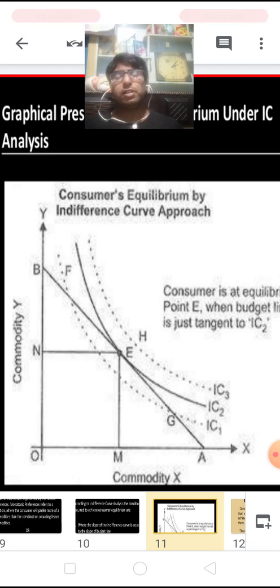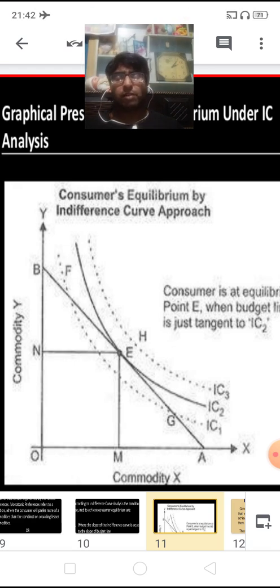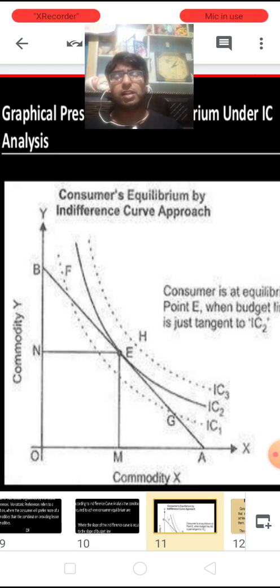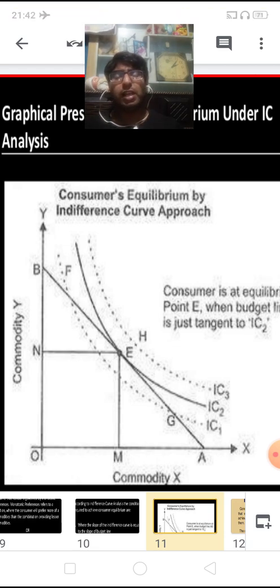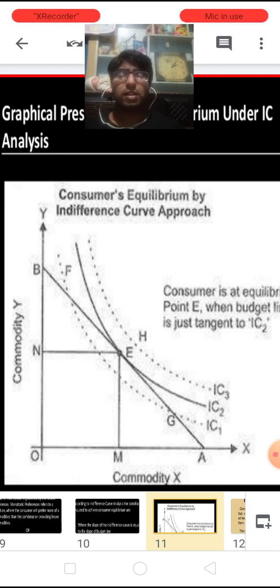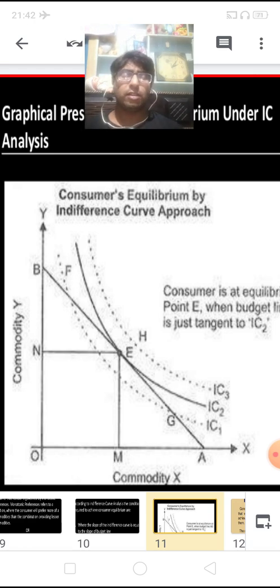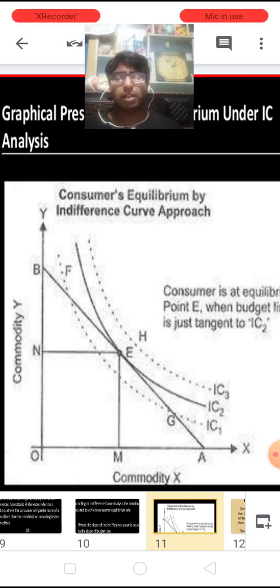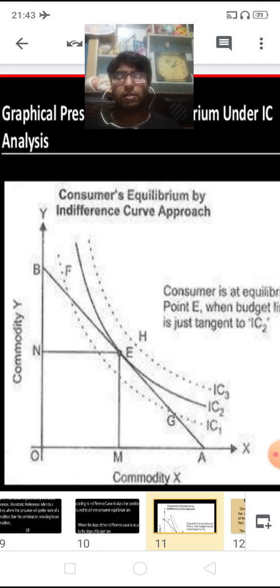Children, we have already understood from the properties of an indifference curve that a higher indifference curve gives a higher level of satisfaction to the consumer. Since the satisfaction a consumer is getting at points F and G is the same, because these combinations lie on indifference curve 1, any combinations on the same indifference curve give the same level of satisfaction.